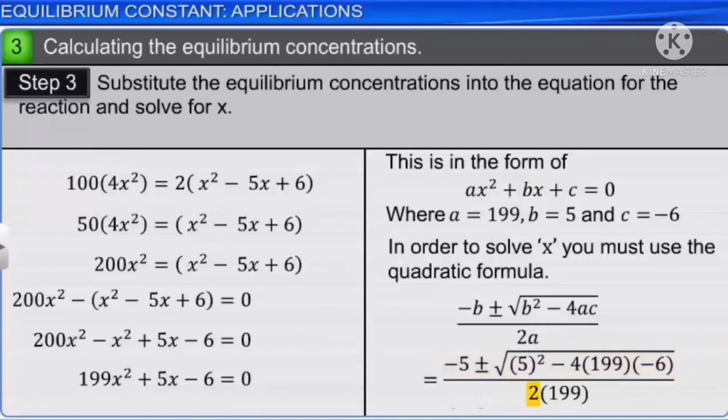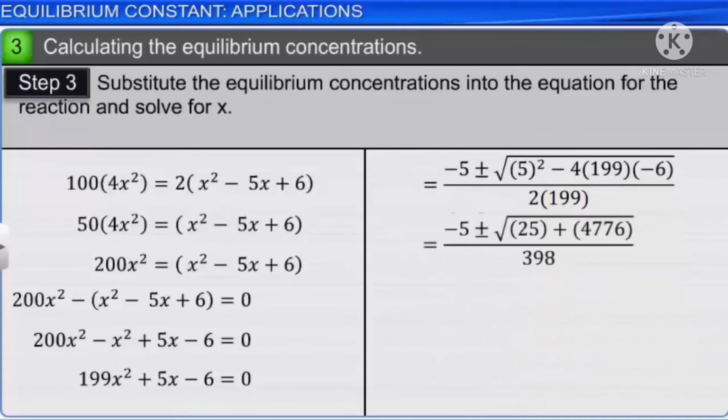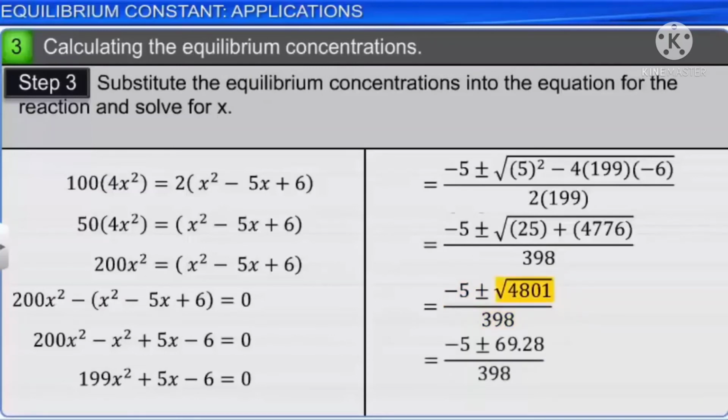This can be written as minus 5 plus or minus square root of 25 plus 4,776, divided by 398. This can be further written as minus 5 plus or minus square root of 4,801, divided by 398. The square root of 4,801 is 69.28. Hence, the equation can be written as minus 5 plus or minus 69.28 divided by 398.